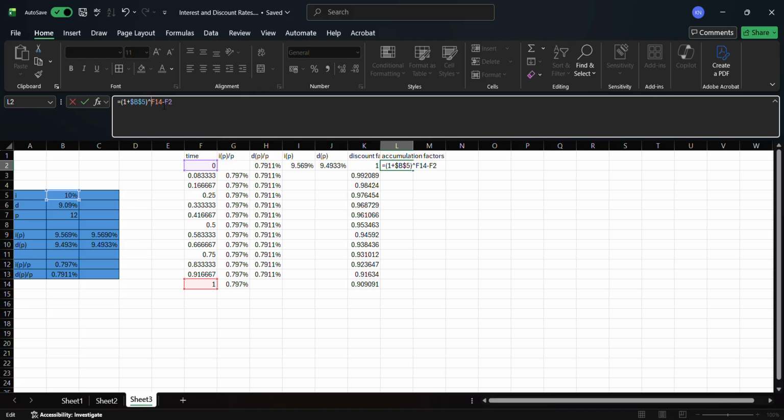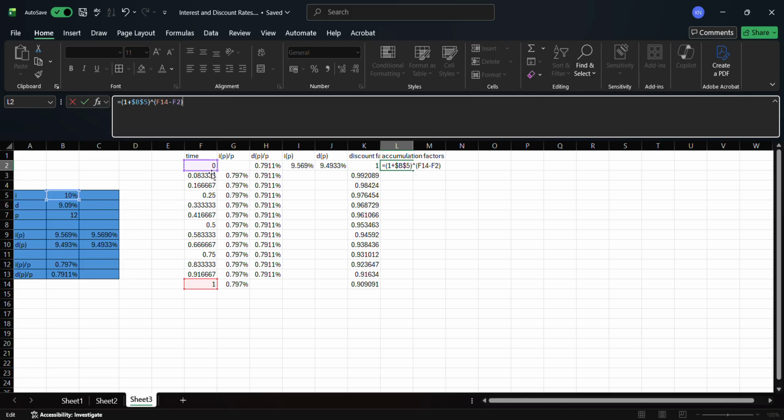I'm going to put brackets around that. I say F14 minus F2 because the amount of time with which you accumulate whatever you're accumulating forward is the difference between the time that you're accumulating to and the time that you're accumulating from.